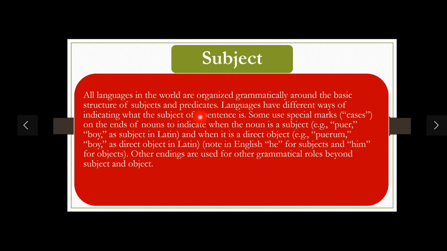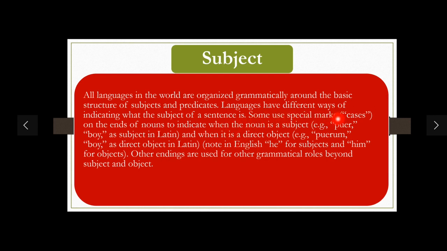In some languages we will find that the subject is used after the verb, and in some languages the subject is used before the verb. Like in English sentence structure, we notice that the subject all the time comes before the verb, but that is not the structure for all languages. Different languages may have different structures.